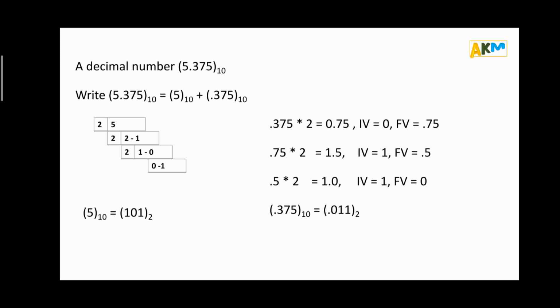Now we will just add them, that's it. So 5.375 is equal to 101 plus 0.011, which will be 101.011. So 101.011 is the binary number for the decimal number 5.375. So like this, if any decimal number comes, we can convert it into binary number.